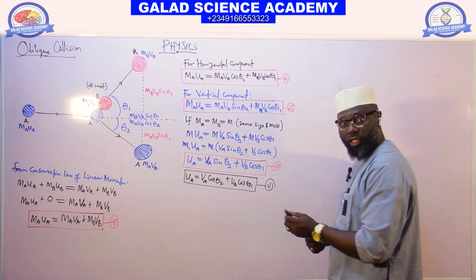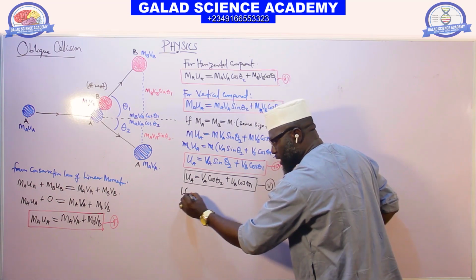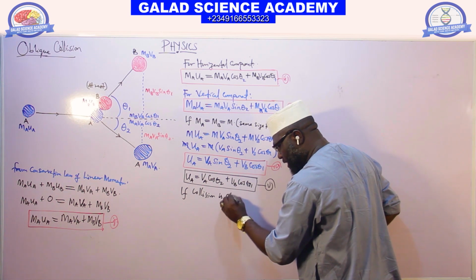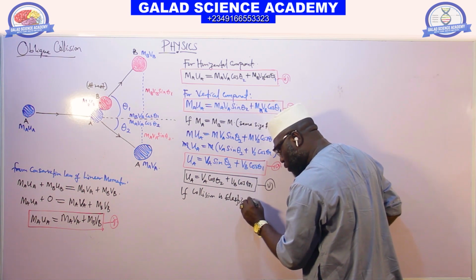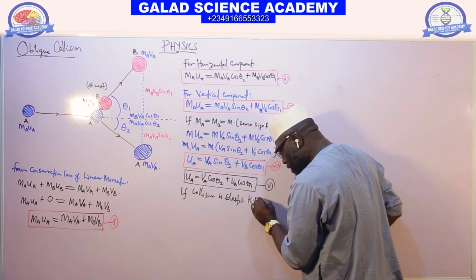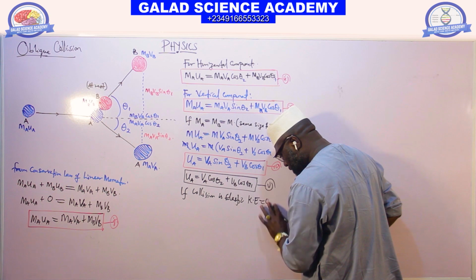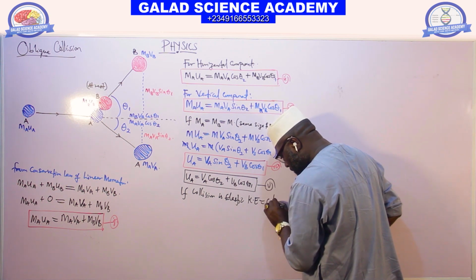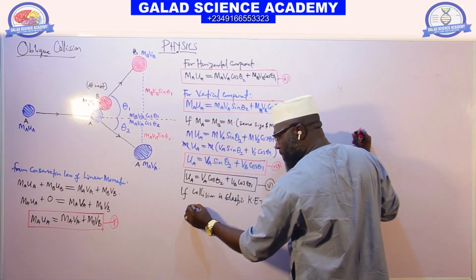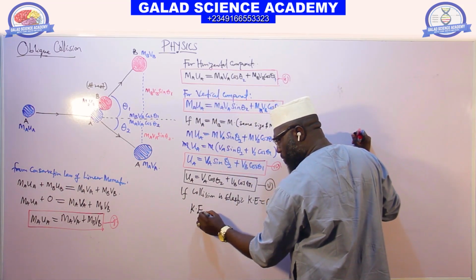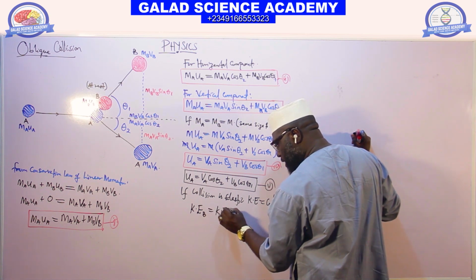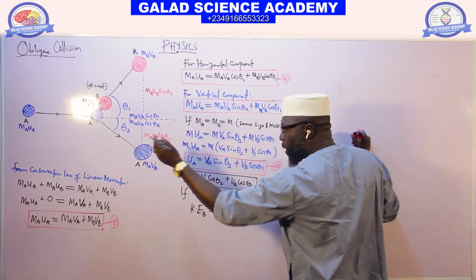But if the collision is elastic, which is elastic collision, the kinetic energy is conserved, which is constant. We can have KE before equal to KE after. What is KE before?